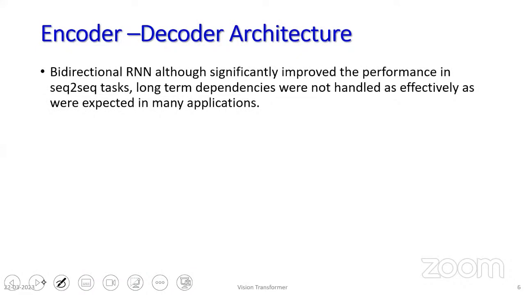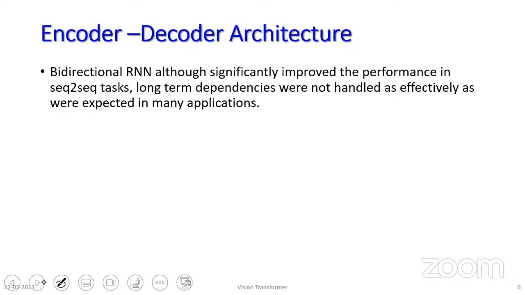Although bidirectional RNN significantly improved the performance of sequence-to-sequence models, consider long-term dependencies like: I arrived at the bank after crossing the river. I arrived at the bank after crossing the road. This is the example I saw.